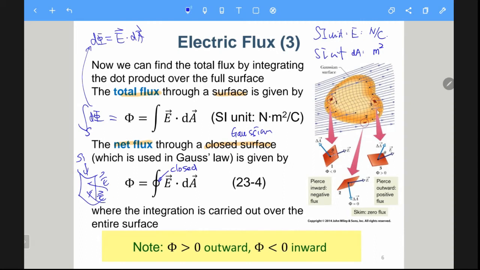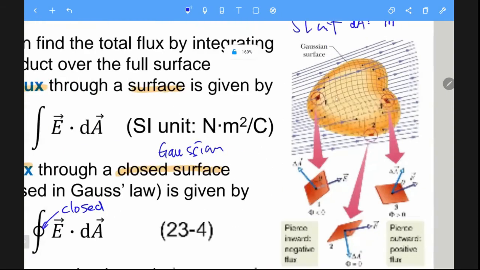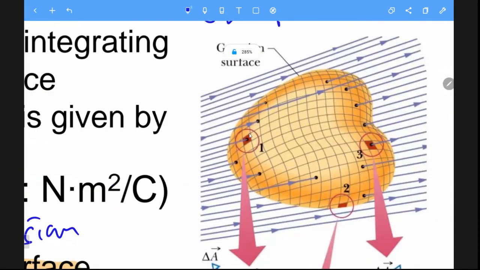For this area, the vector is perpendicular to it. So this is dA.